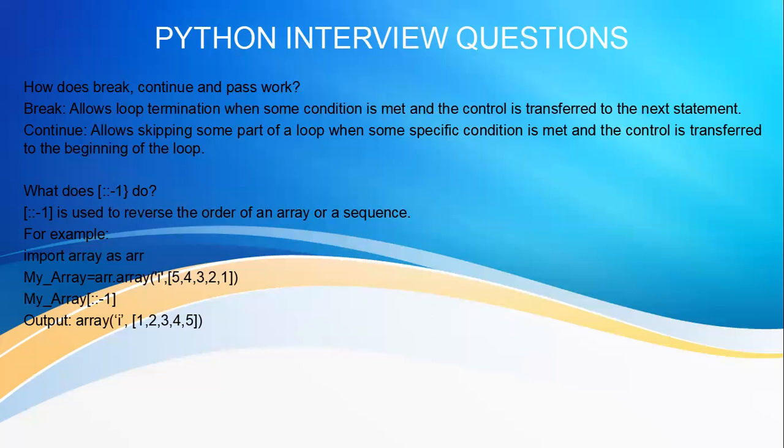So import array as array, my_array equals array.array, i comma 5 4 3 2 1. Then you will write my_array[::-1]. So it is reversing the 5 4 3 2 1. It's a sequence, right? It's an order. Then the reverse is 1 2 3 4 5. It's printing 1 2 3 4 5. So that's the meaning of colon -1.